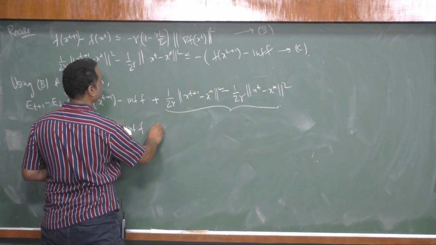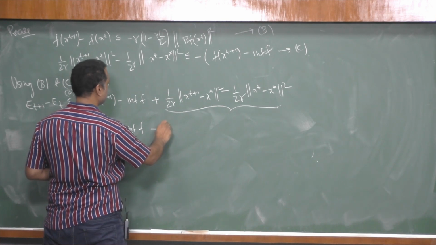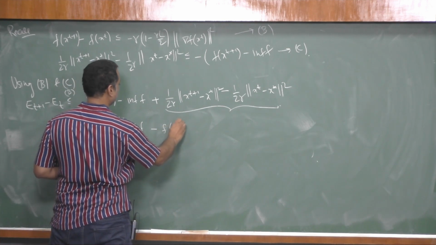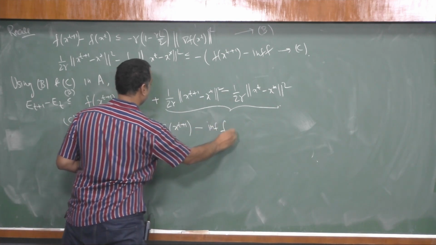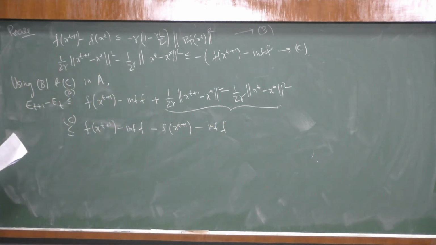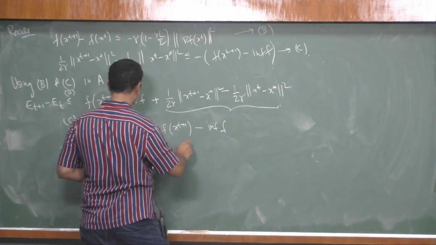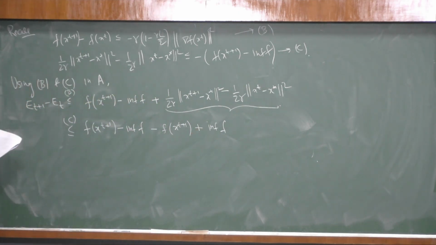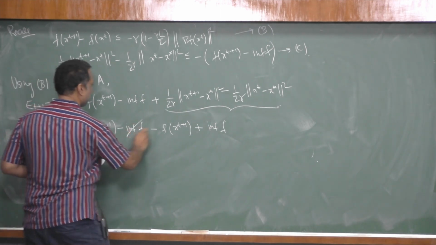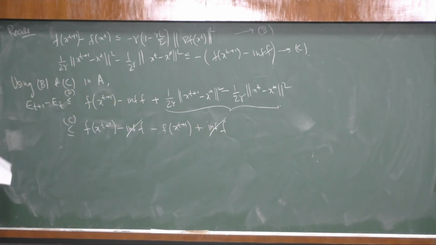So I replace these by minus (f(x_{t+1}) minus the infimum of f). But this was minus on the whole thing, so this should become plus, and the infimum will get cancelled, plus and minus.